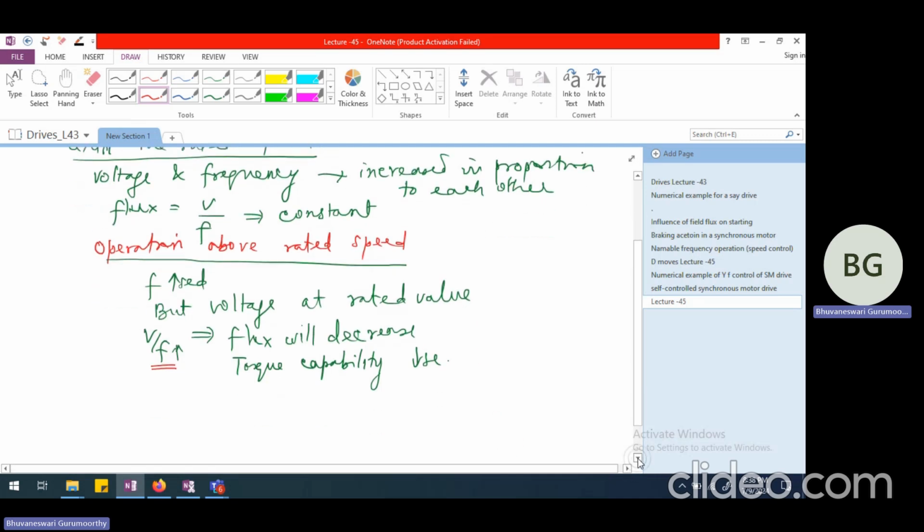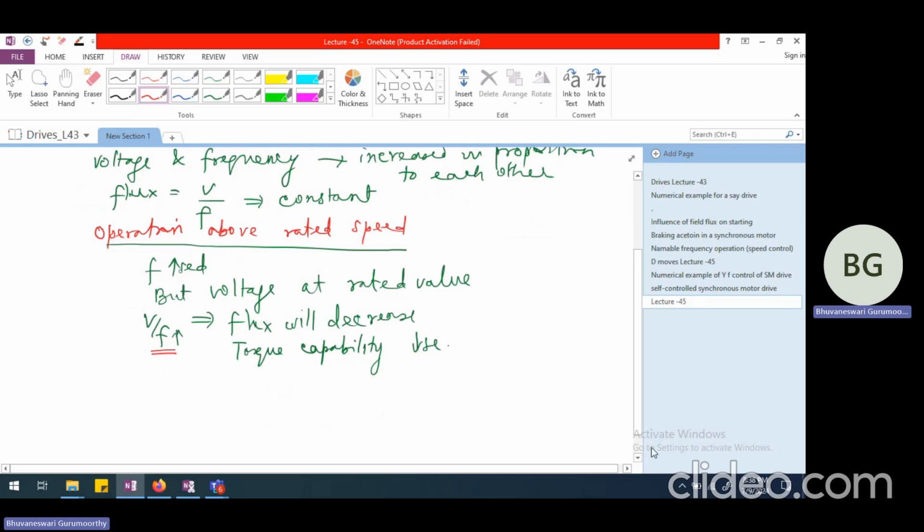If we look at the original equivalent circuit that we had drawn for the synchronous motor drive, we said that we are going to have a field current, which is supplied in the form of DC current. Its equivalent AC current has to be taken, which is IF dash.